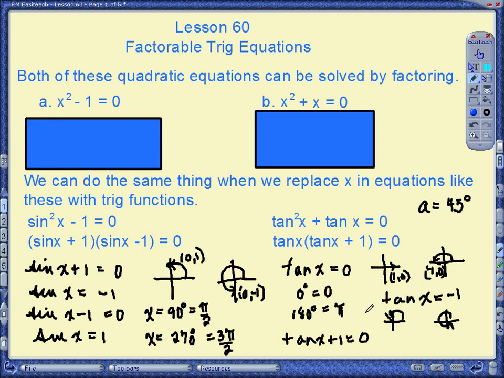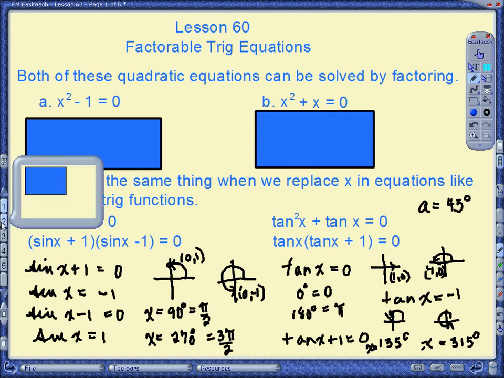In this quadrant, we'd be saying 180 minus 45. It hasn't quite gone 180, so x would be equal to 135. And in this quadrant, it would be 360 minus 45, and x would be equal to 315 degrees. Okay? You can change that to radians if required.